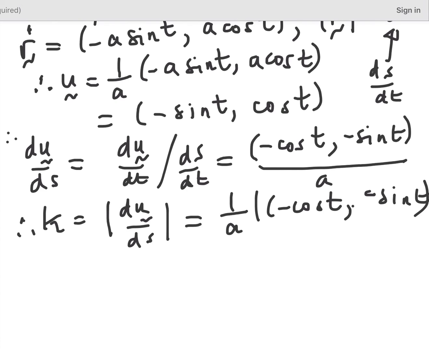Okay, and it's clear that the mod of minus sine, minus cosine is 1. So this is 1 over a. So the circle of radius a has a constant curvature 1 over a. The bigger the circle, the smaller the curvature, as expected.